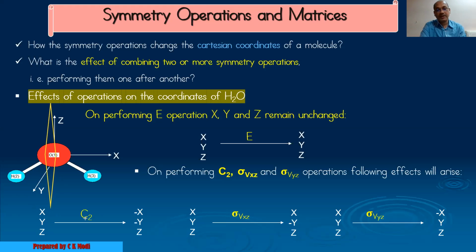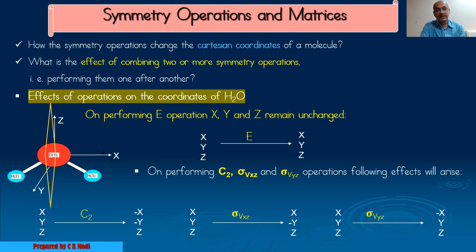This is sigma v yz. Now in this sigma v yz, the y and z axes are situated in the plane. However, x is perpendicular to this plane. So while we put the sigma v yz plane, this is the sigma v yz plane.